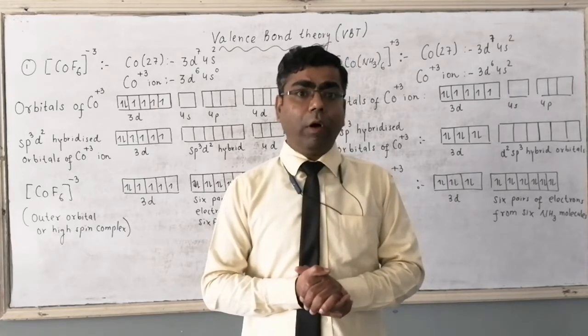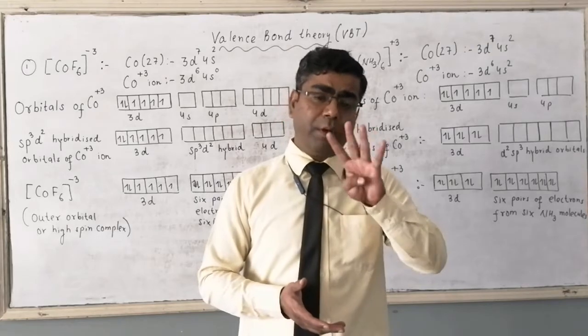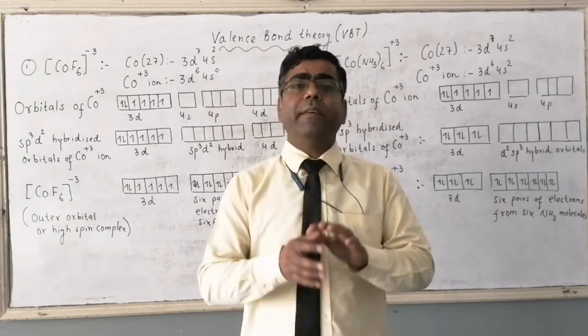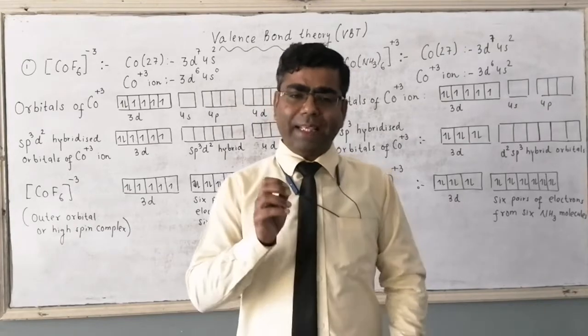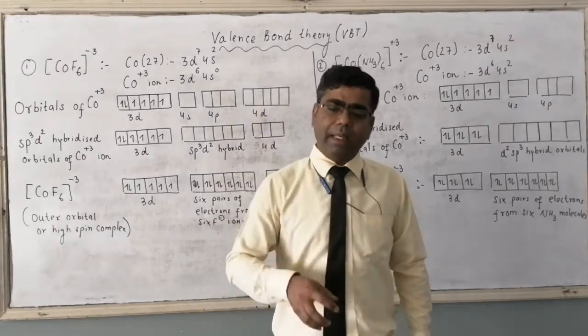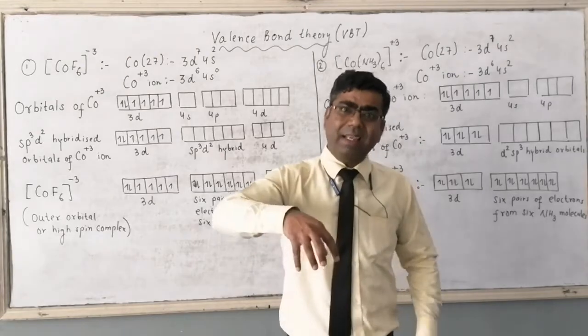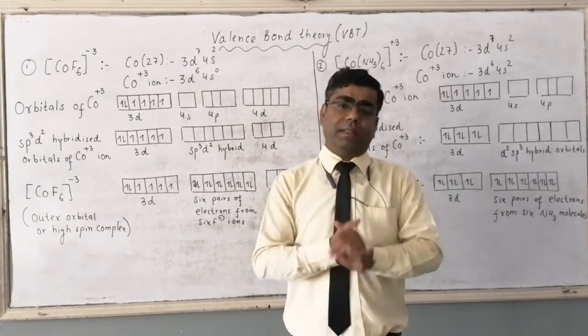So in total we obtain four sp3 hybrid orbitals, which have tetrahedral geometry. If sp3 hybrid orbitals are there, then these hybrid orbitals are arranged in a tetrahedral pattern in space.